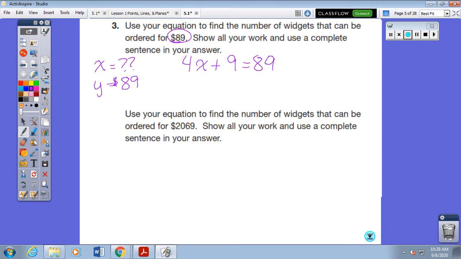So we're going to solve for x this time instead of solving for y. Subtract 9, where x equals 80, divided by both sides by 4. So x is going to be 20 widgets.